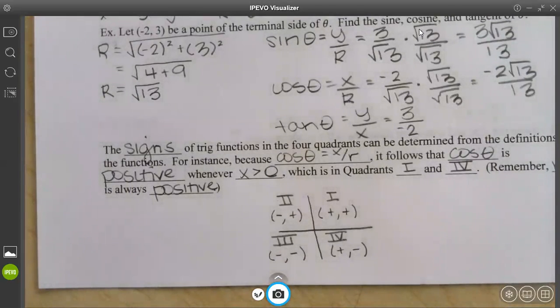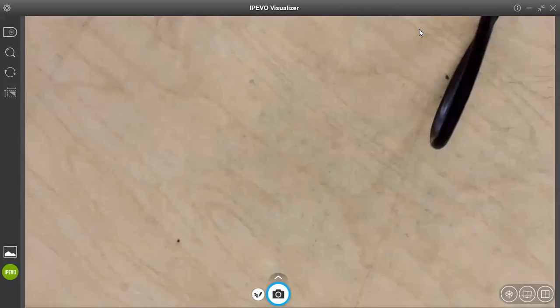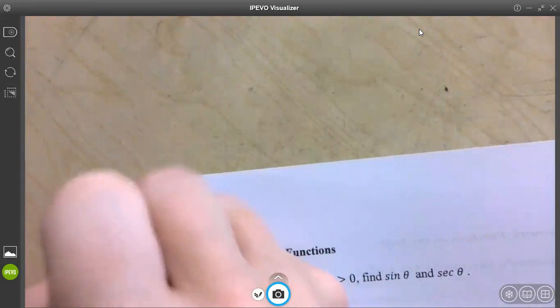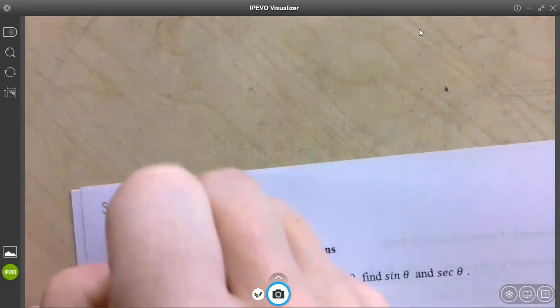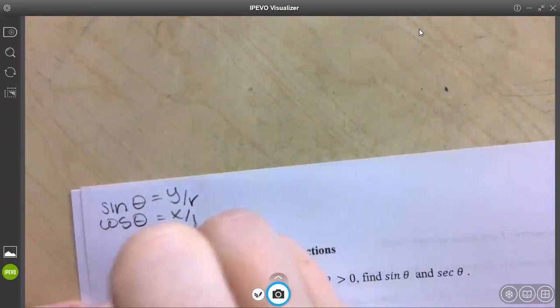All right, so again, those you should already know. The new part, I want to remind you that sine theta is y over r. Cosine theta is x over r.